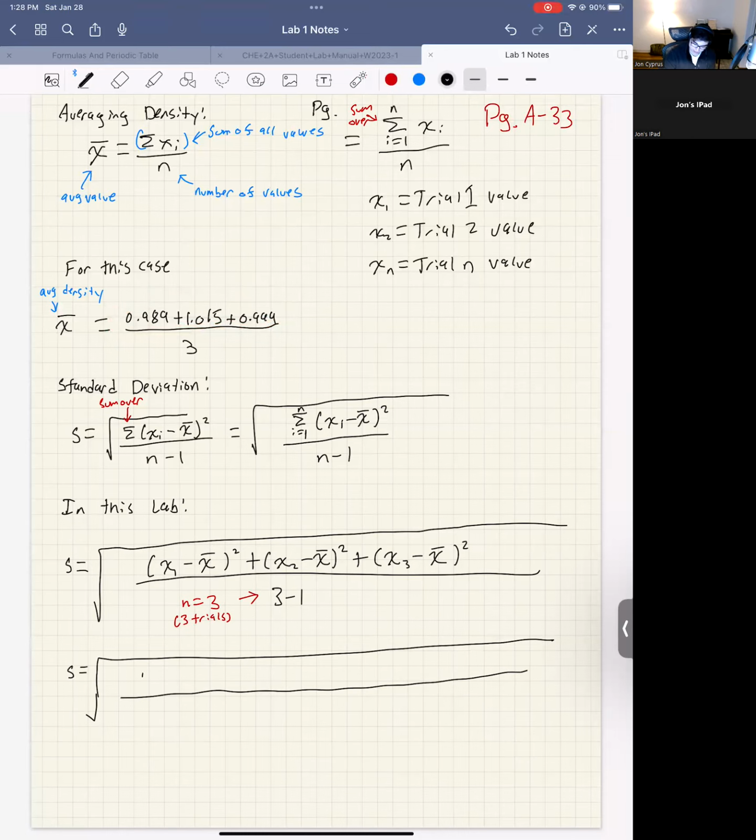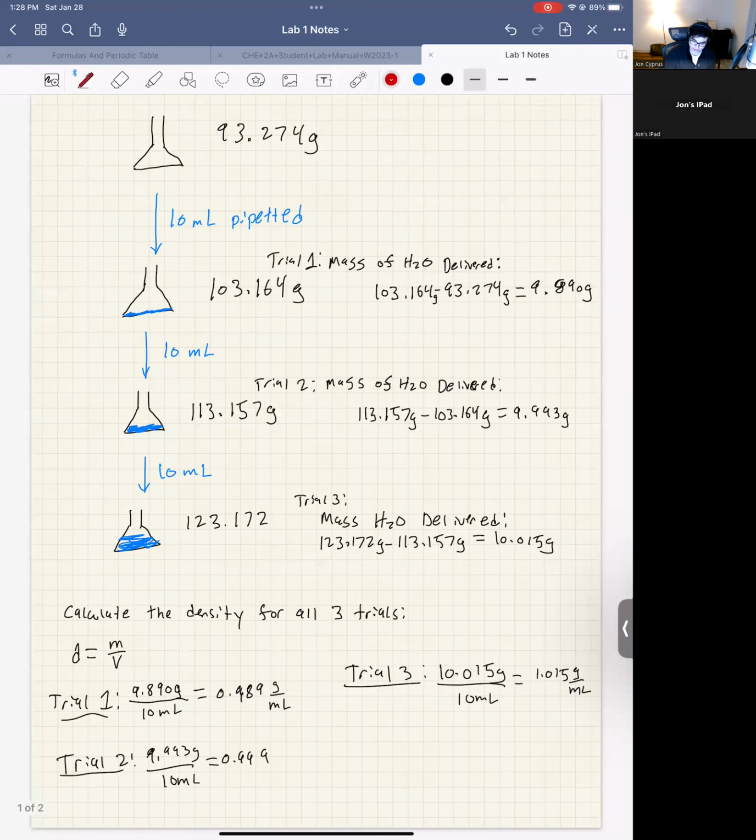First I have 0.989, and what you would want to do is, let me go back, you should use unrounded numbers for your calculations. You should only round at the end.